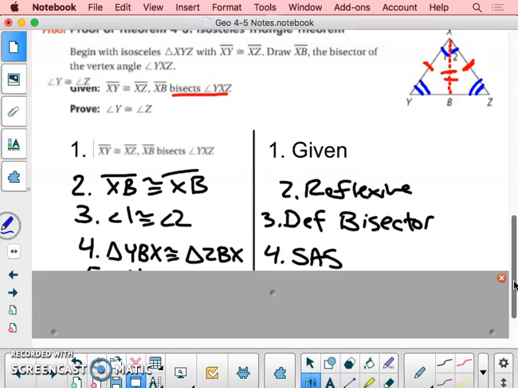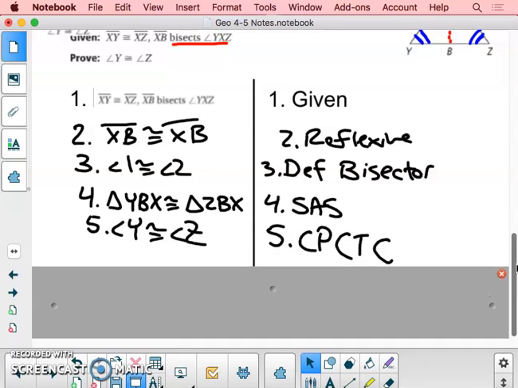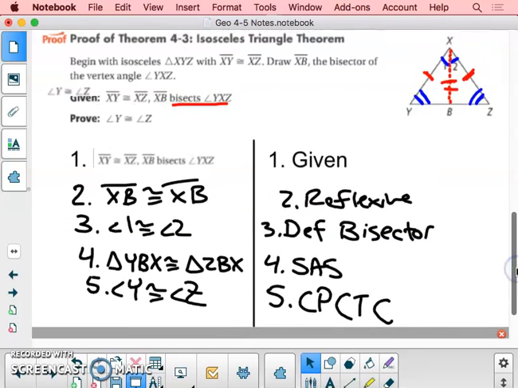And since Y and Z go together, they have to be congruent by corresponding parts of congruent triangles being congruent, CPCTC. So that's a proof of why in any isosceles triangle, the base angles have to be congruent, just so you'll have two pairs of angles congruent, just like you would have two pairs of sides congruent.